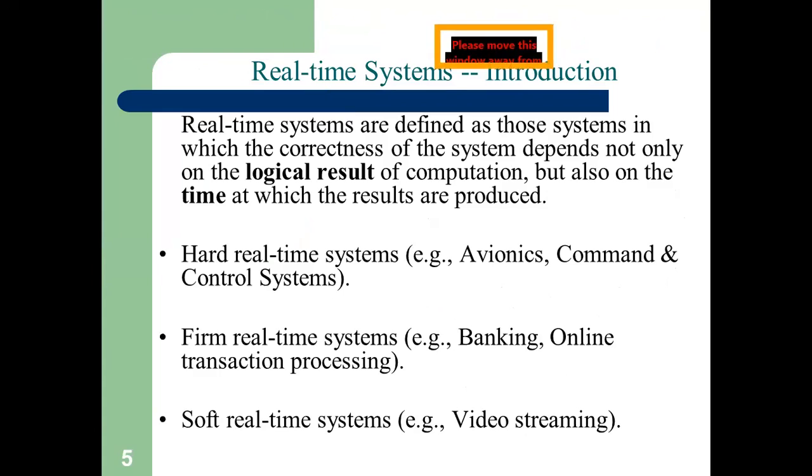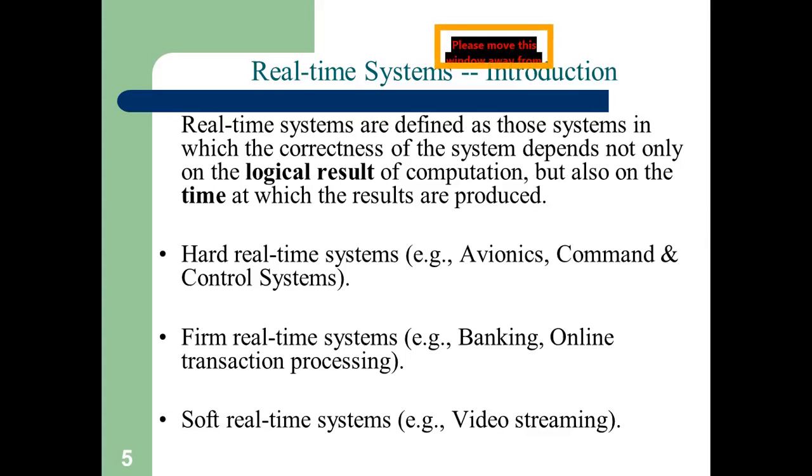Real-time systems are defined as systems in which the correctness of the system depends not only on the logical result. Here we are not going to emphasize only the logical result of computation, but also the time. We want to see the results, but we also concentrate on the time: in how much time we get the response.